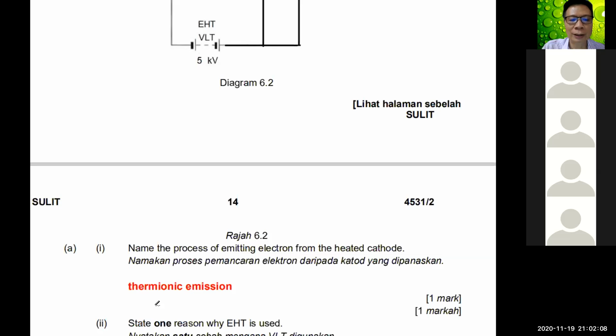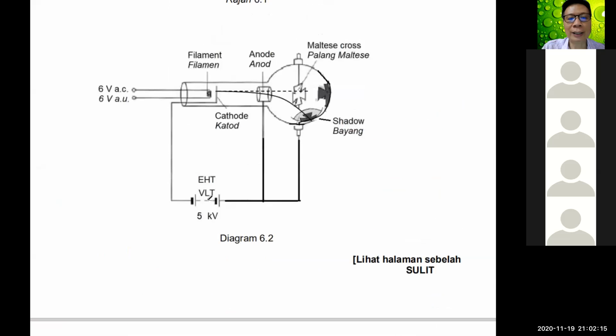Okay, next one. State one reason why extra high tension voltage is used. Why here we use EHT, extra high tension voltage? Why we need to use this one? For what? Okay. The reason now you see why you need to have extra high tension, right? It's like this. This voltage only heats up the filament.